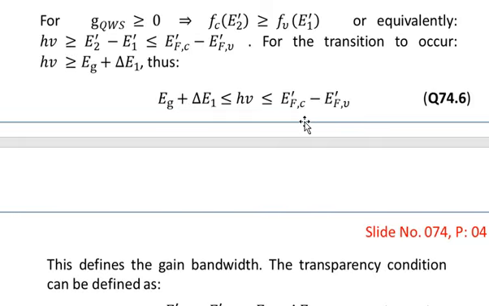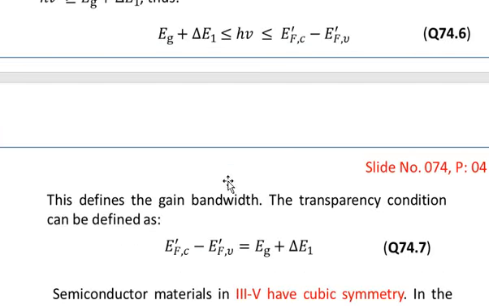So the bandwidth lies between these two quantities: on the left hand side Eg plus delta E1, and on the right hand side E prime Fc minus E prime Fv, that is, the difference between the Fermi energies of the two bands. So this defines the gain bandwidth as we have given in equation number 6.